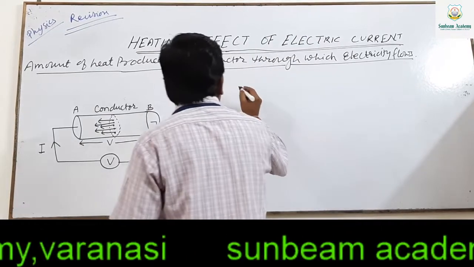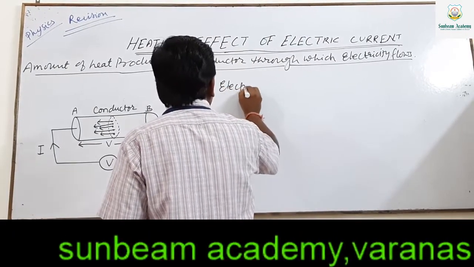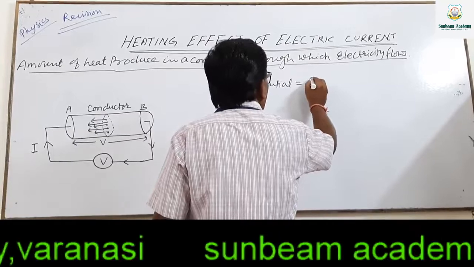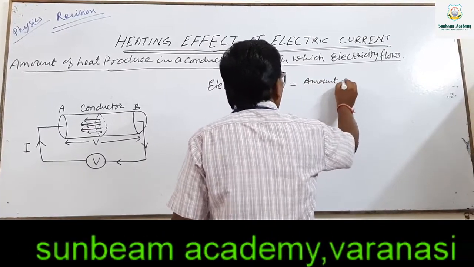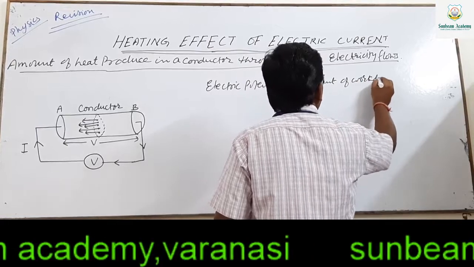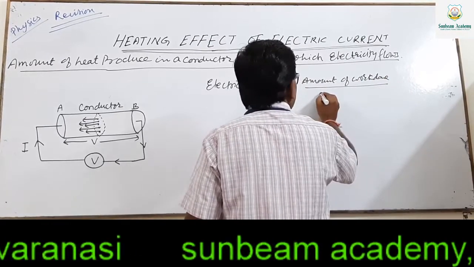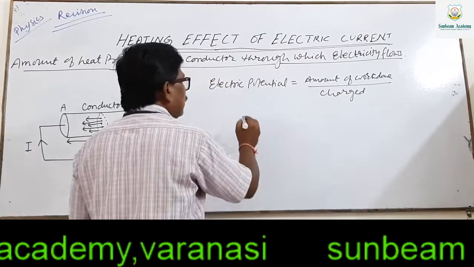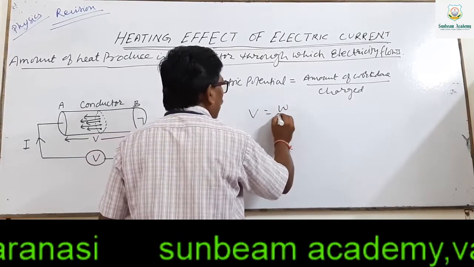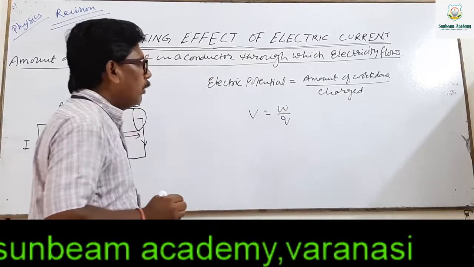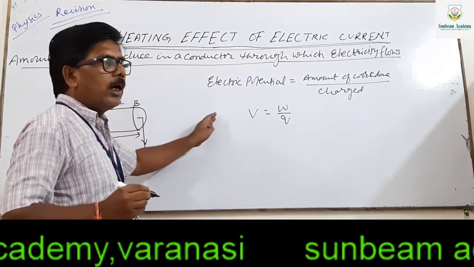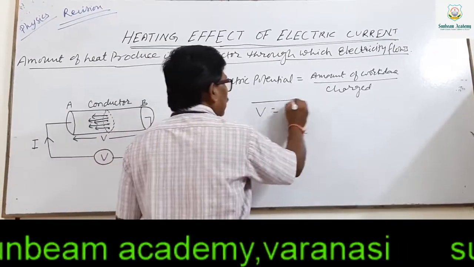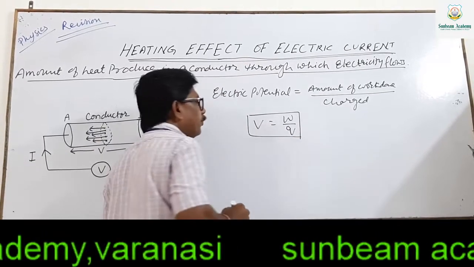We know that electric potential is equal to the amount of work done upon the charge moved from one point to another, so V is equal to W upon Q. You have already studied this equation.